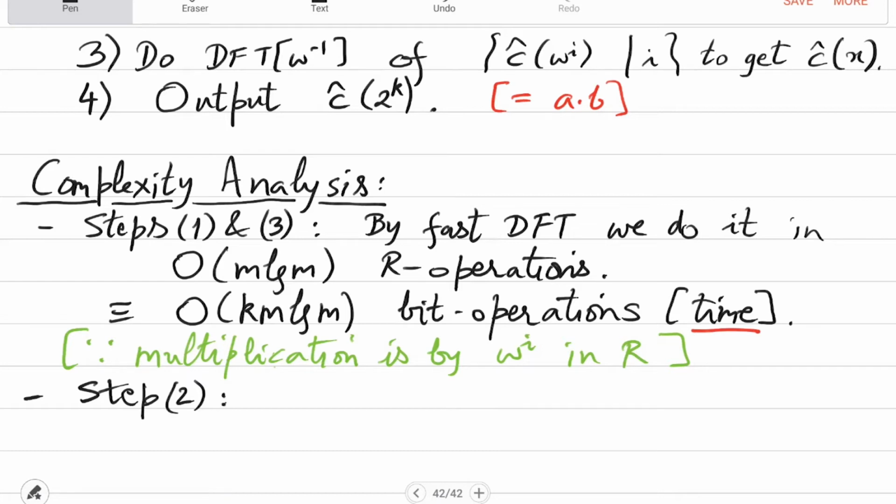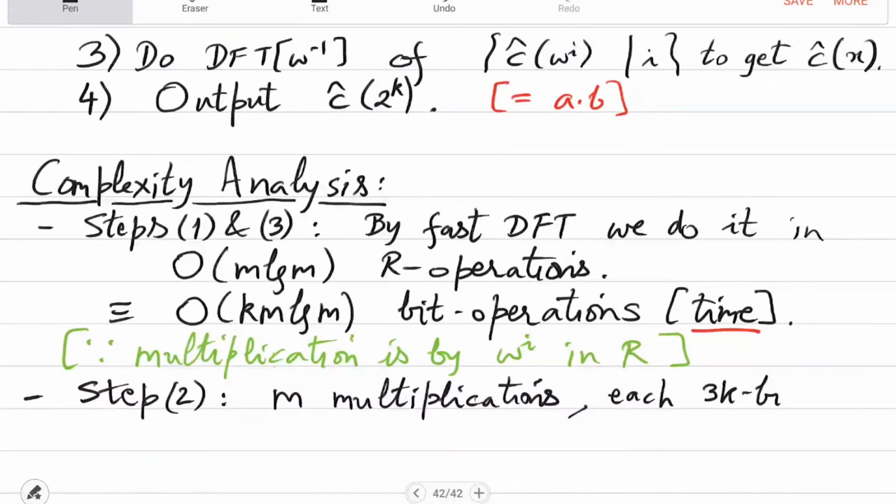So this is m multiplications, each 3k bit. So what do you do here? You don't know how to multiply numbers, right? So here you will have to recurse on integer multiplication itself.